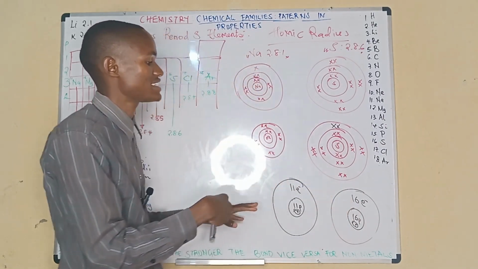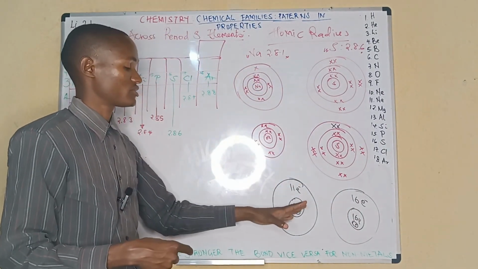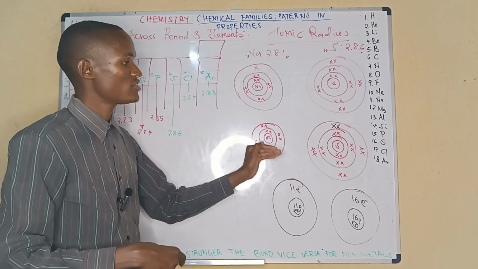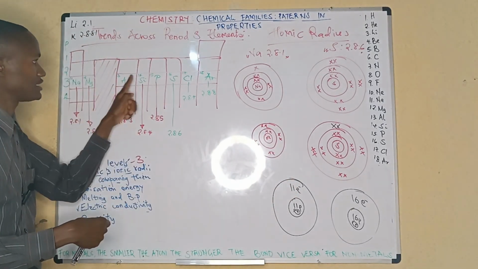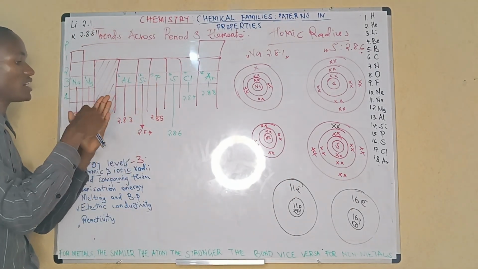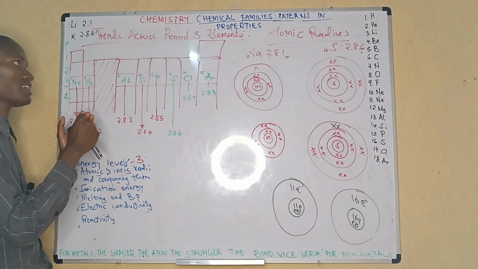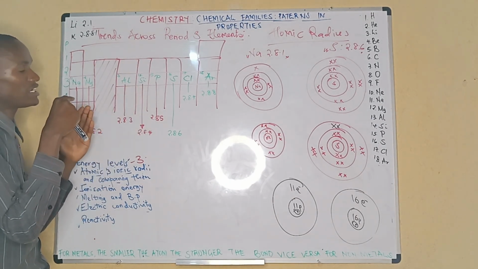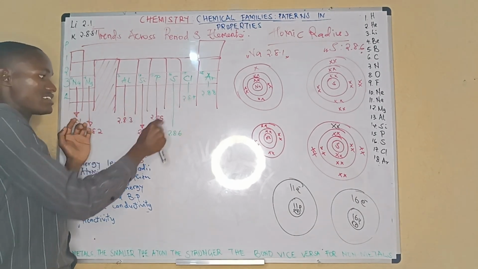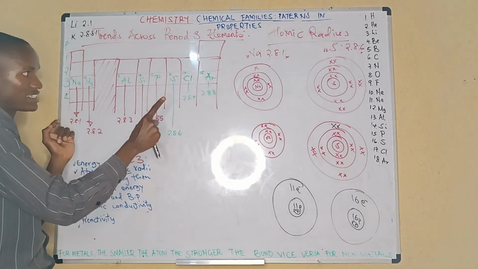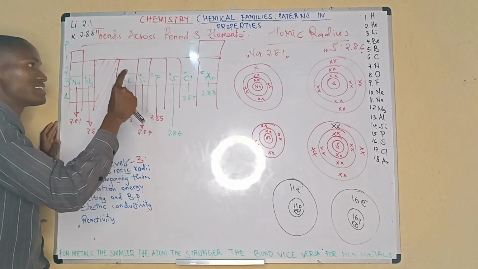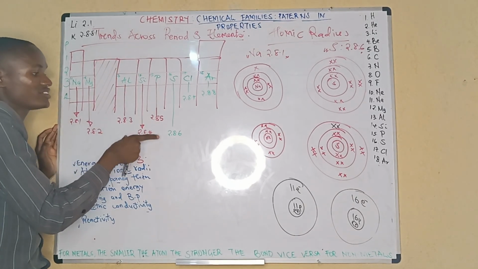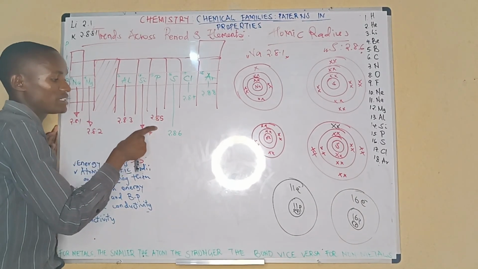And even if there is an increase in the number of electrons in each of these atoms, they are all going to the third energy level. Yes, they keep on increasing, but they are going to the last energy level, the third. But also, there is an increase in the number of protons, resulting in a higher nuclear charge.